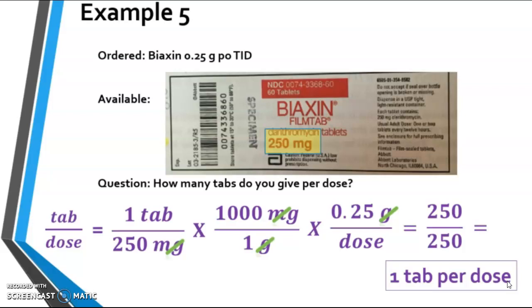Now, could we do a half of a tablet or 1.5 tablets? Yeah, we could do something like that. You could bust it in half, but you're not going to bust it into an 1/8 or a 1/16 of a tablet. So if you're getting huge numbers or some weird decimals, you probably messed up somewhere in your math. If you're giving pills, whether it's a tablet or a capsule, just keep in mind that the numbers need to be lower, like 1 or 2 or 3 tablets or capsules. And if you have a decimal, it needs to be like a half.